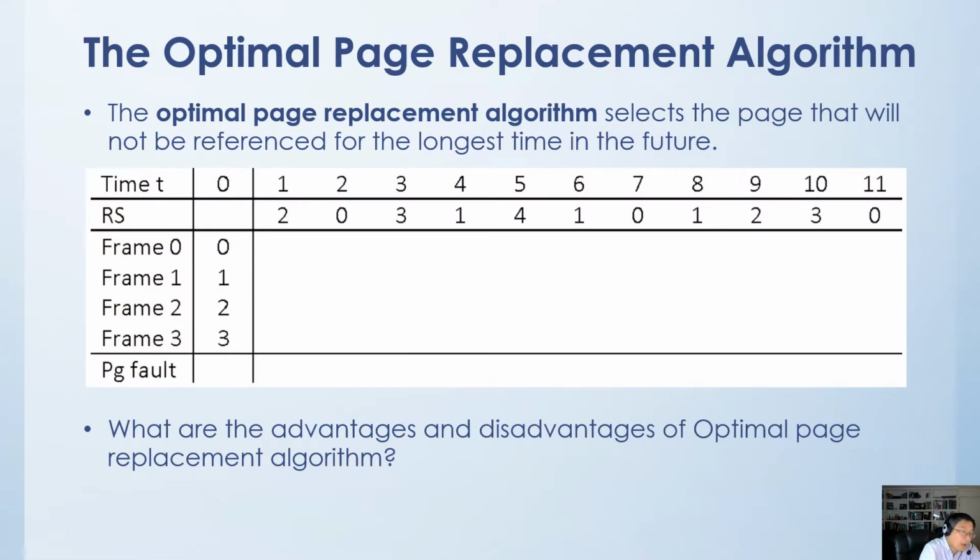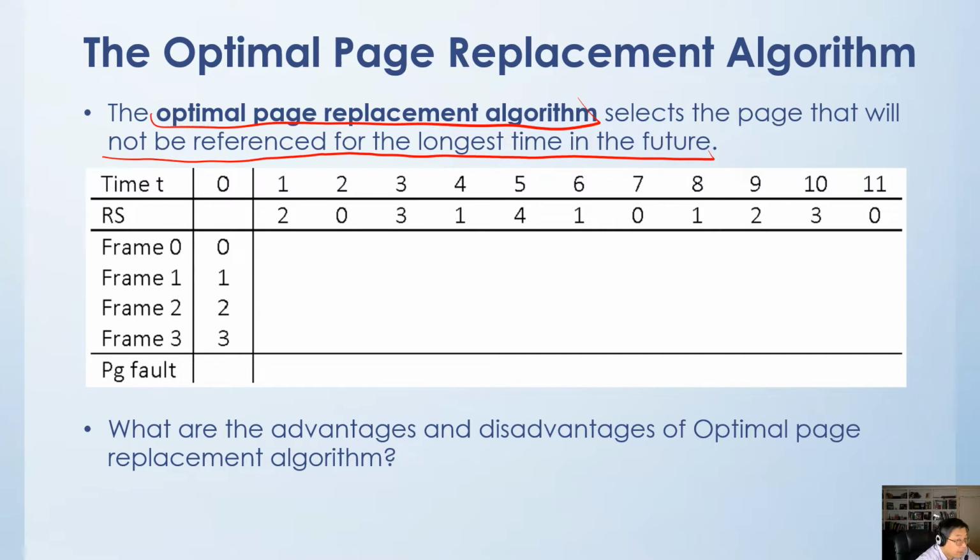Okay, so let's talk about the various page replacement algorithms. The first algorithm we're going to talk about is the optimal page replacement algorithm. When we say optimal, basically it means the best, right? The optimal page replacement algorithm selects the page that will not be referenced for the longest time in the future.